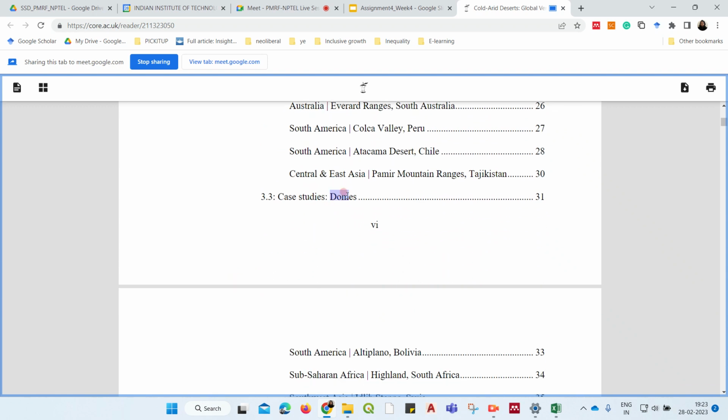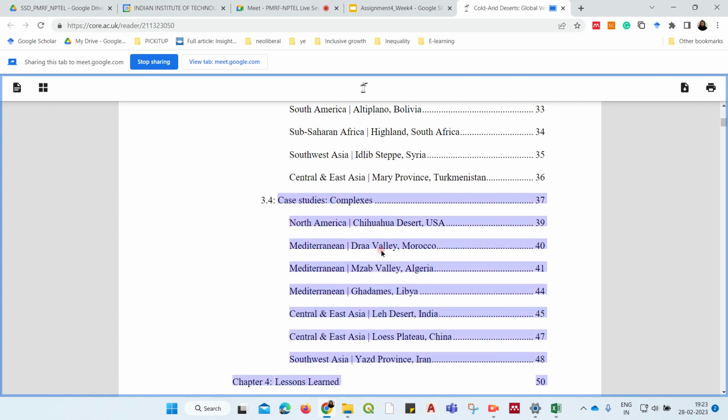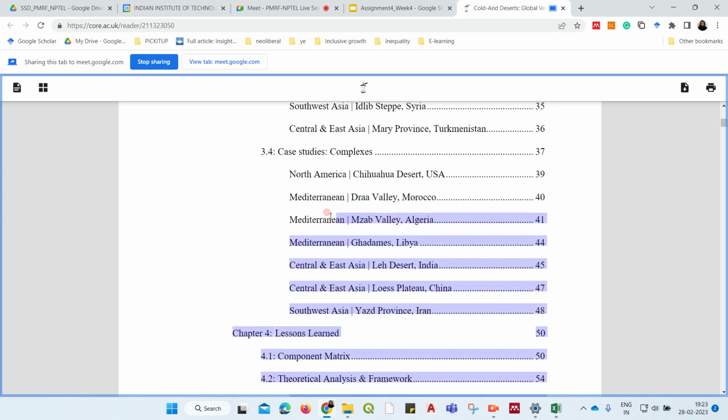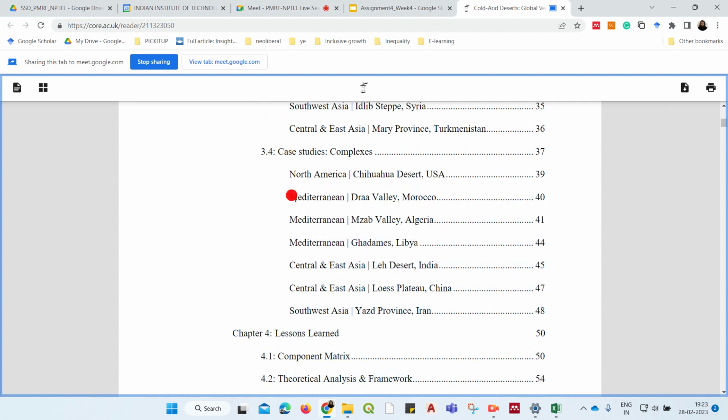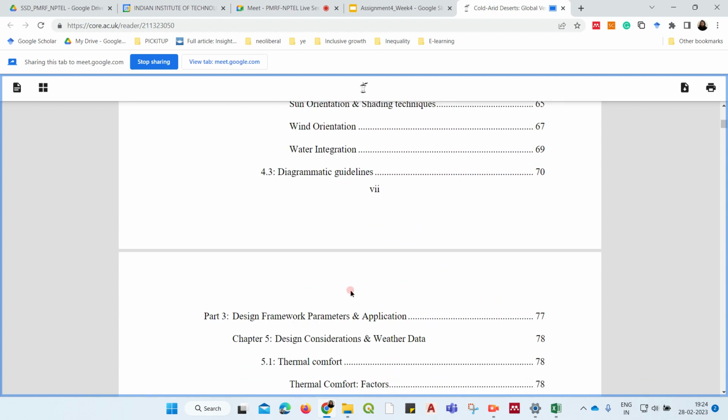Then dome type structures are also there, and then complexes, focusing a little more on urban design, or the design of the surroundings or neighborhoods, how they are made. Even a study from Leh in India is there.